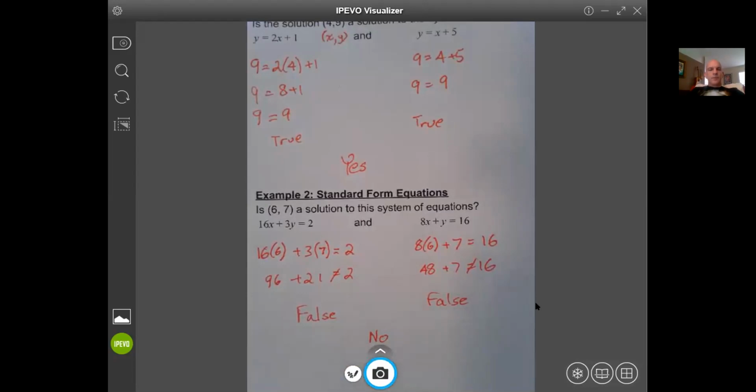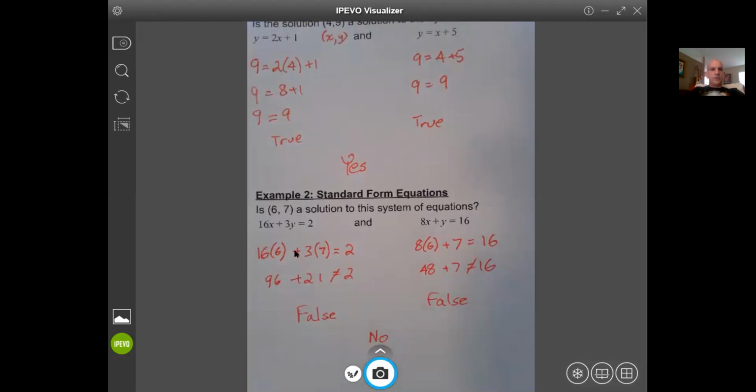So pretty much what you're going to be doing on the IXL today is that. They're going to be giving you 2 equations, and you're simply going to be replacing x and y, evaluating one side. In both of these types of equations, in slope-intercept form, you get a number by itself when you replace y. In standard form, you've already got a number by itself.